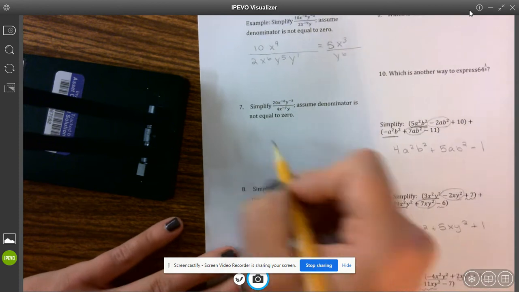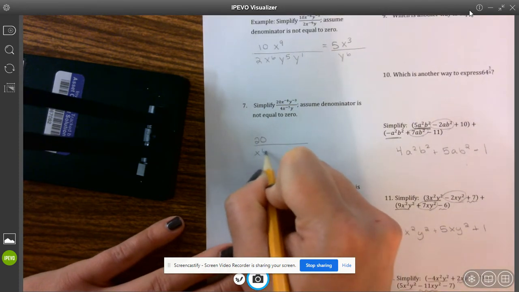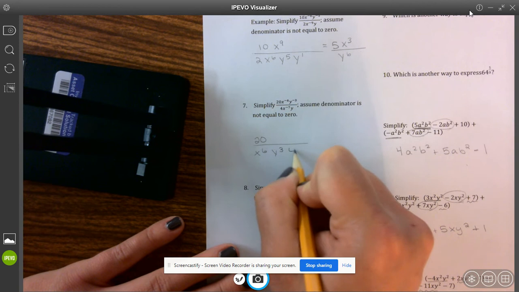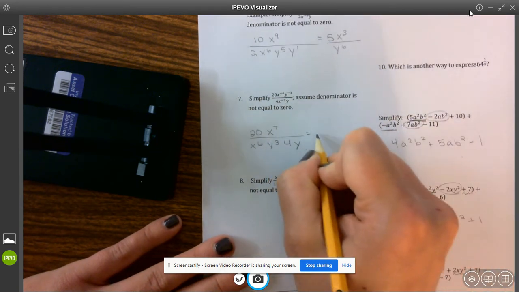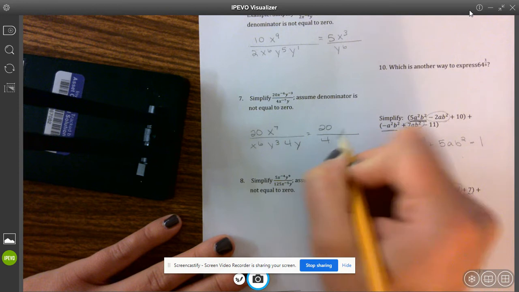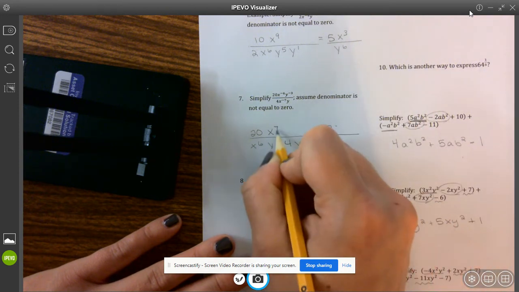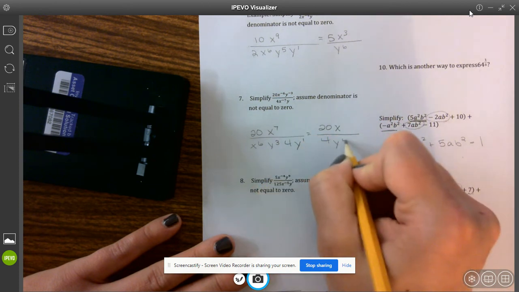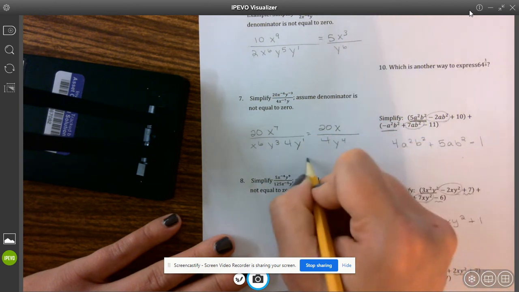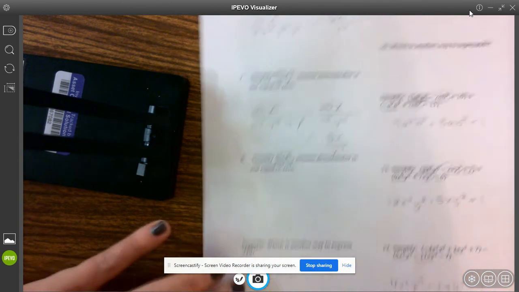Here, we move things. 20 stays, x to the 6th goes, y goes, 4 stays, x to the 7th goes, y. 20 over 4, x. 7 minus 6 is 1, y to the 4th. Well, 20 divided by 4 is 5, so 5x over y to the 4th.